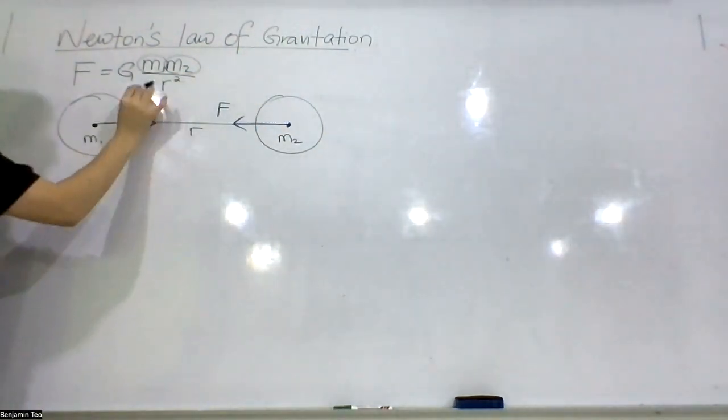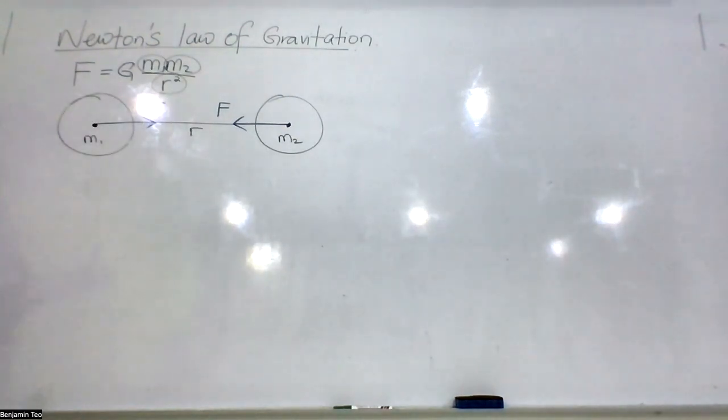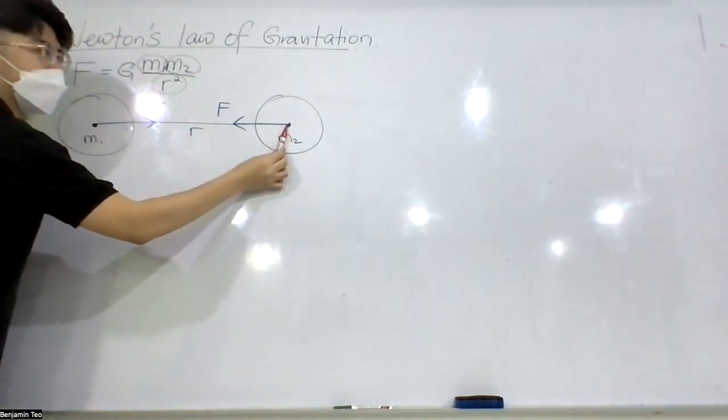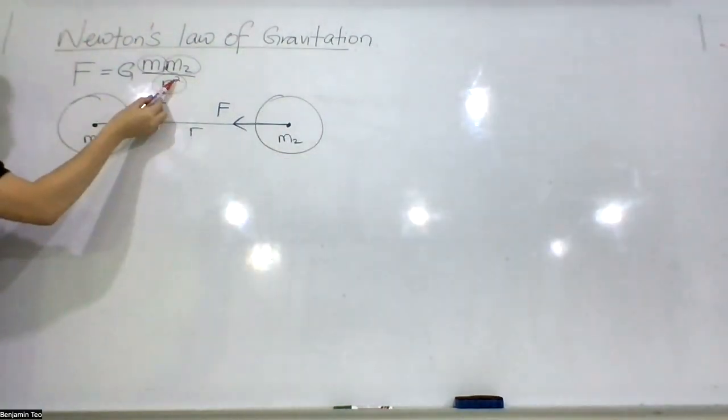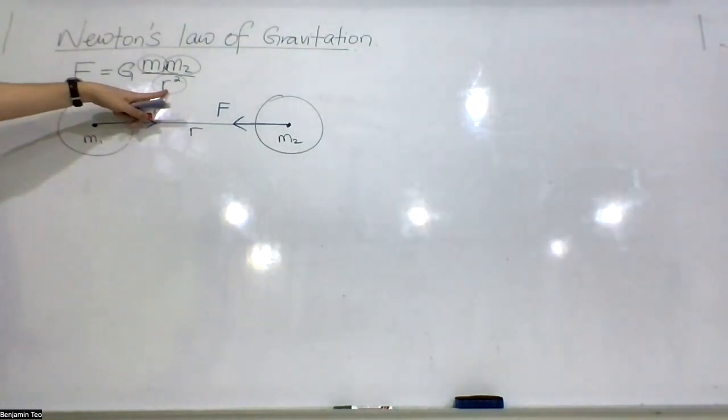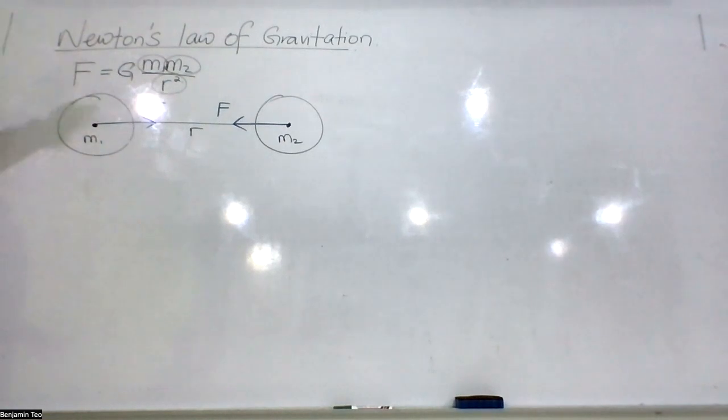And also it depends on R squared. R squared means it has a larger effect on the distance. If this distance is twice, this one becomes 4. If this R increased by 2 times, this will decrease by 4 times. So it has a larger weight to the distance.